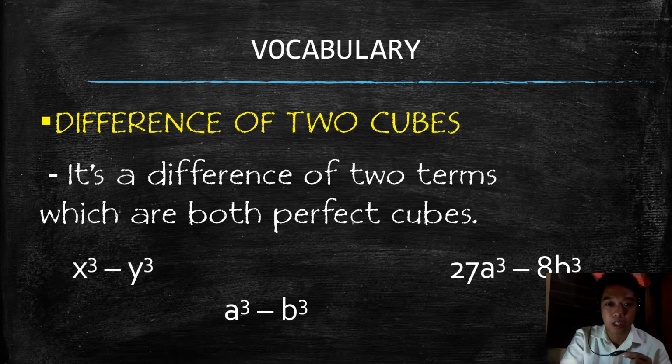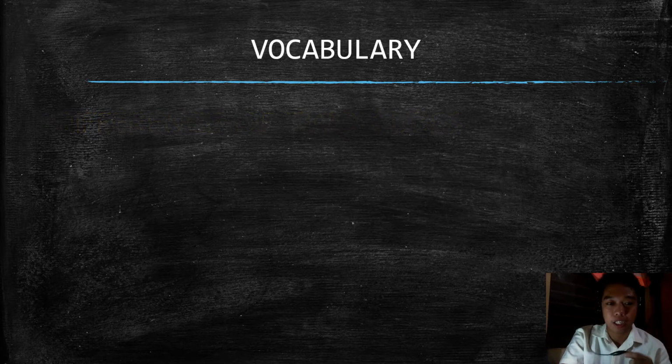Okay, so 27a cubed minus 8b cubed. Sa iba, actually alam na nila yung mga perfect cube numbers kasi tinuruan na sila nung grade 7 or nung matagal na ng kanilang teacher. I hope na naintindihan nyo kung ano yung difference of 2 cubes.